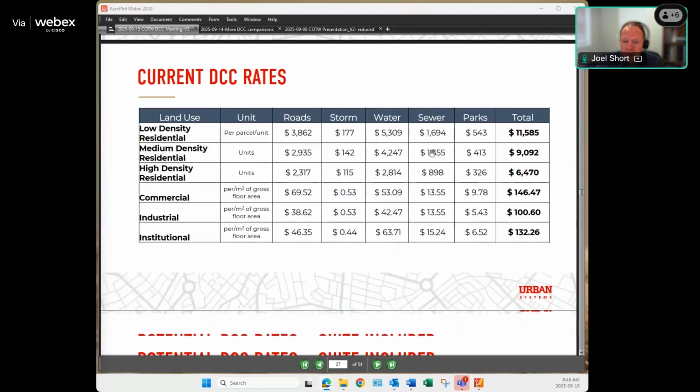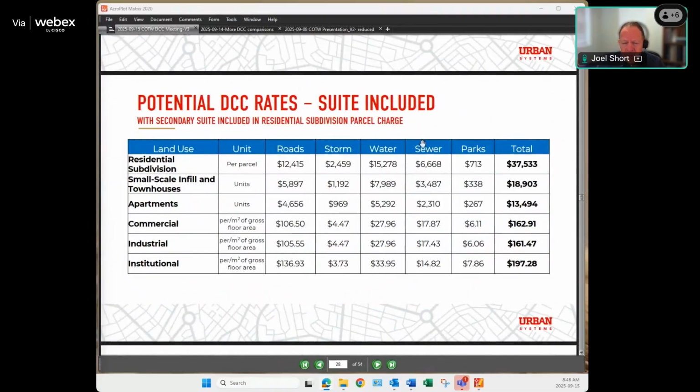So when we look at the new DCC rates, the increase is significant, no doubt. Once again, we've got the roads, storm, water, sewer, and parks DCCs, and they all add up. We've got different categories: residential subdivision, small scale infill and townhouses, the small scale infill being things like duplexes, triplexes, fourplexes on individual lots.